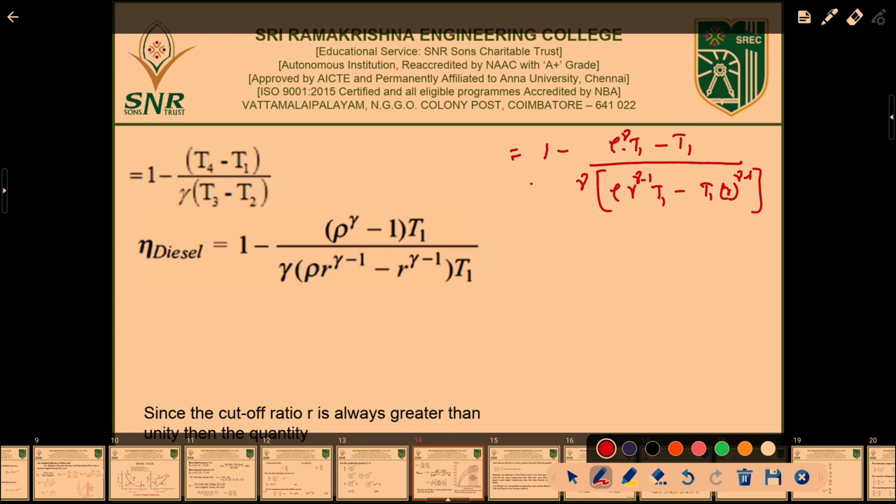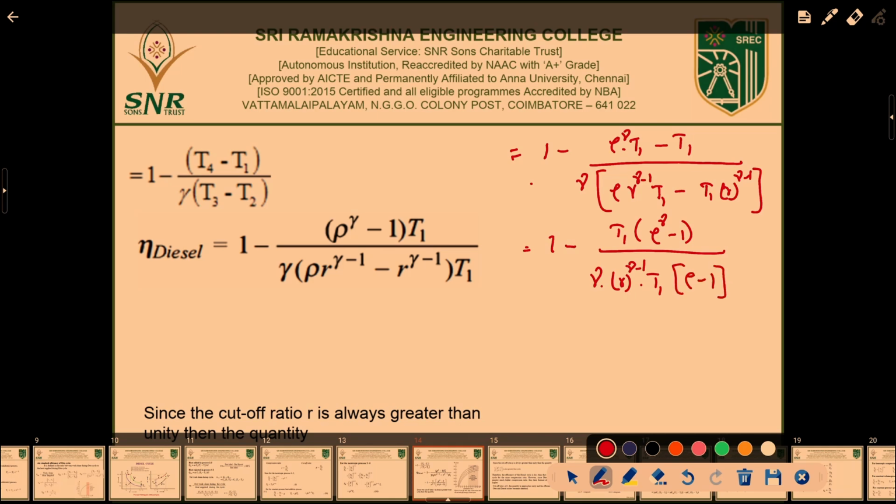Now, what is common in this equation, you can bring it out. Here T1 is common, and r to the power of gamma minus 1 is also common. So we get 1 minus T1 into rho power gamma minus 1, divided by gamma into r to the power of gamma minus 1 into T1 into rho minus 1.